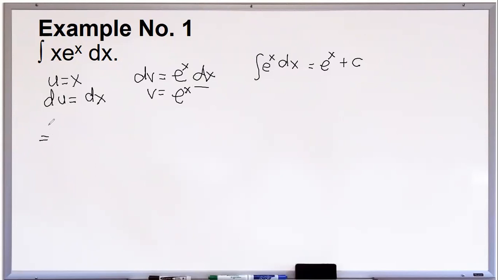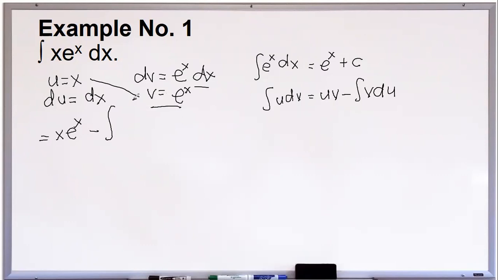And then we apply the formula for integration by parts. Ano nga ulit yon? Integral of u dv, which is equal to uv minus integral of v du. Okay. I-supply natin u times v. So magiging x e raised to x minus integral v du.